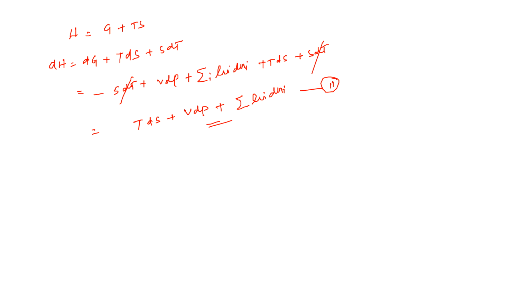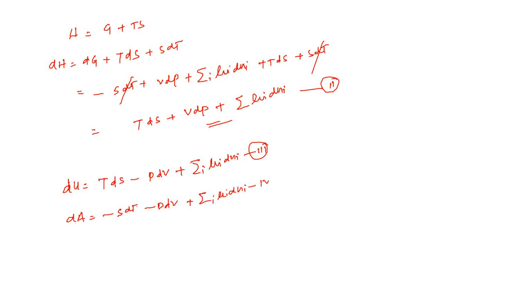Similarly, we can derive dU equals TdS minus PdV plus summation mu i dNi, the third equation, and dA equals minus SdT minus PdV plus summation i mu i dNi.